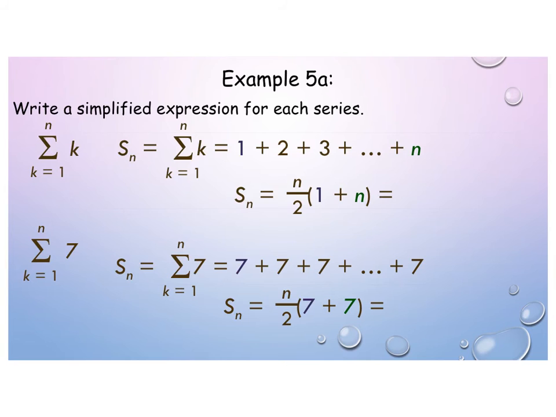So n in this case, they wrote it for you. Okay, because it's using our sum formula, it's n over 2, and then the first term plus the last term.